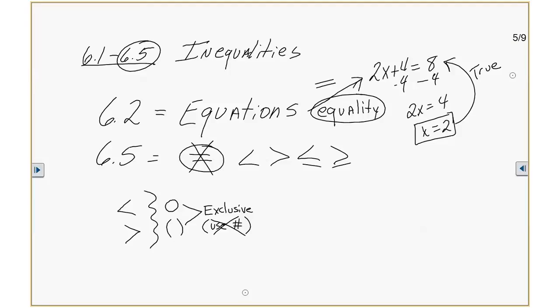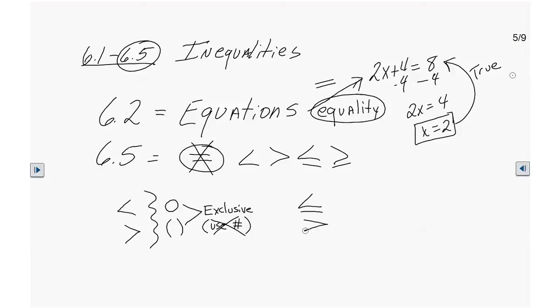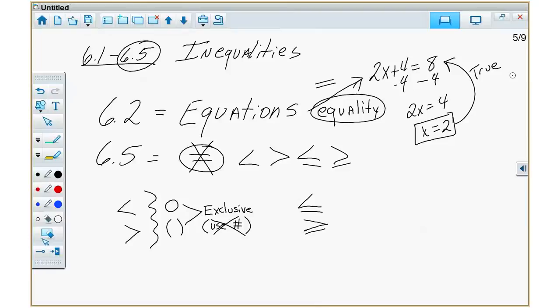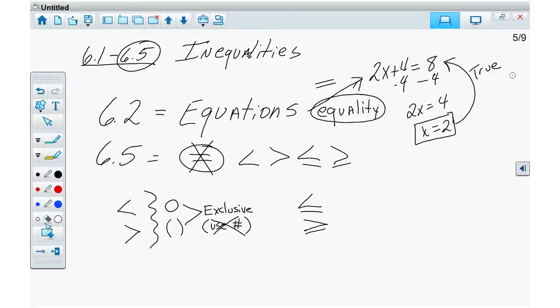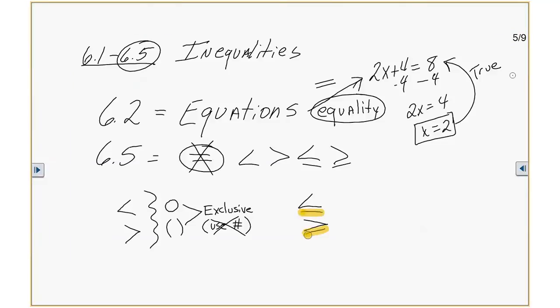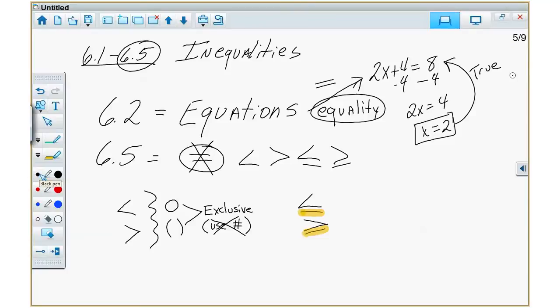These two guys, what do they have in them that's different from these? They have a partial equal sign there. See it? And that partial equal sign means that they are inclusive of that number.